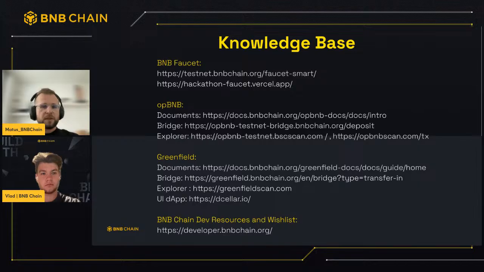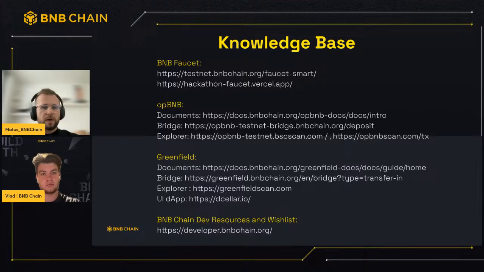Here are some interesting links for anyone participating in our hackathon. I will start with the two most important ones at the top. Those are links to our faucets, as you will probably need some test BNB to deploy or play with your app on our testnets. Then there are documentation links for opBNB: how the whole thing works, how you can bridge between opBNB and the main BSC chain, and of course the explorer.